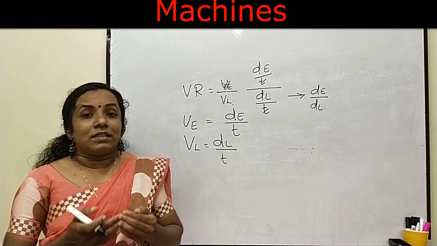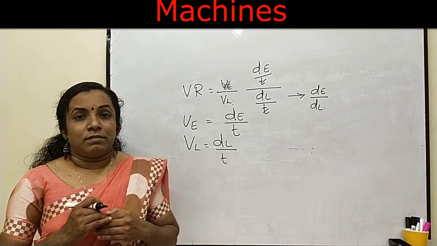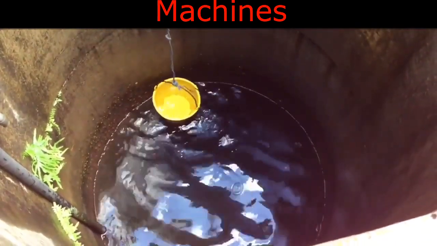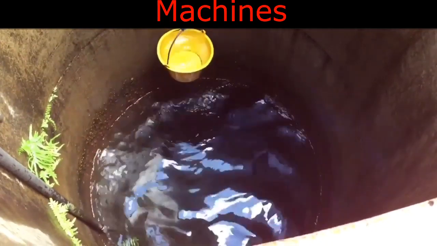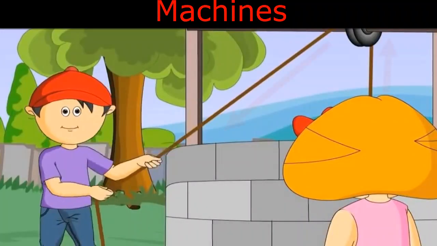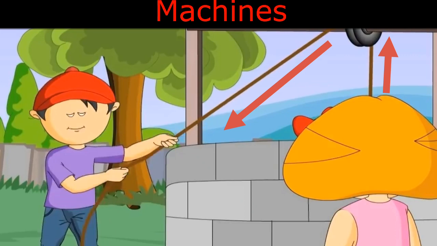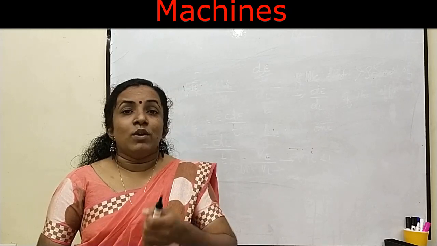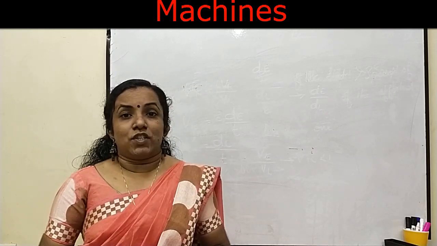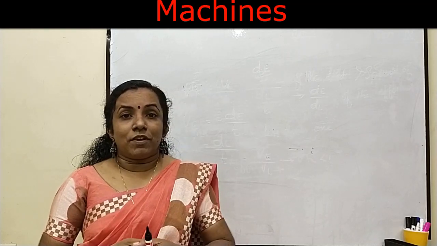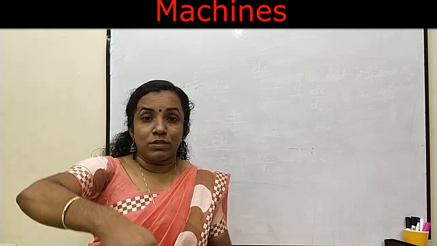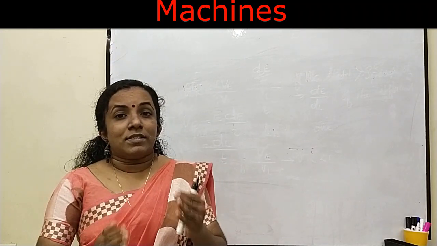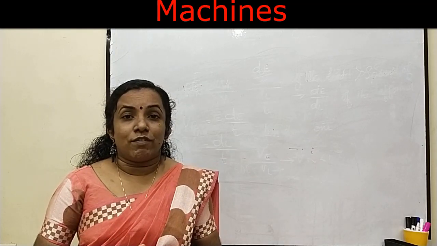Now let's look at the third example of a machine. Here a pulley is used to lift water from the well, and here the use of the pulley is just to change the direction of effort. We all know that we are comfortable giving a force in the downward direction, but to lift water from the well, we have to apply a force in the upward direction. It is difficult for us, is it? So here the pulley is used to change the direction of our effort.